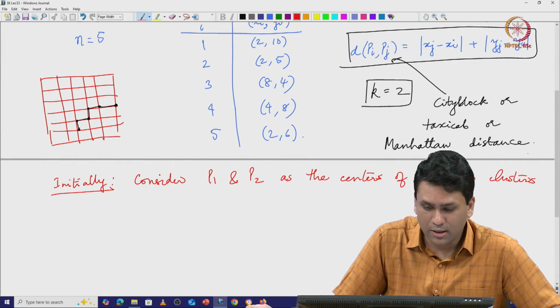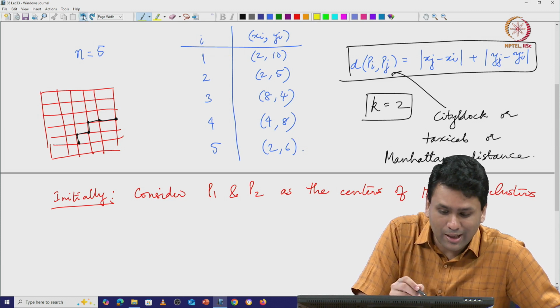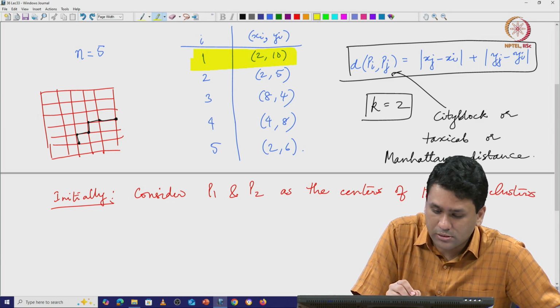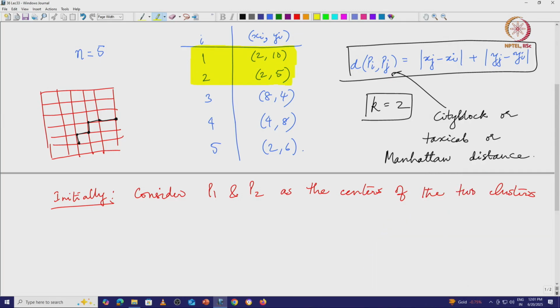Okay. So initially this is the first point P1, 2 comma 10, and then the second point is 2 comma 5. So these have to be considered as the centers of the two clusters.